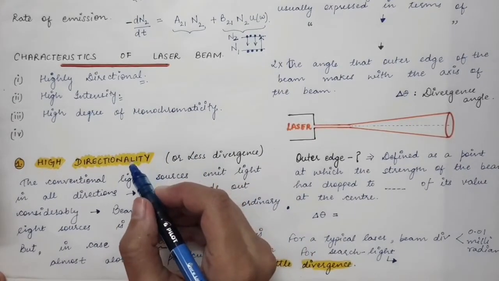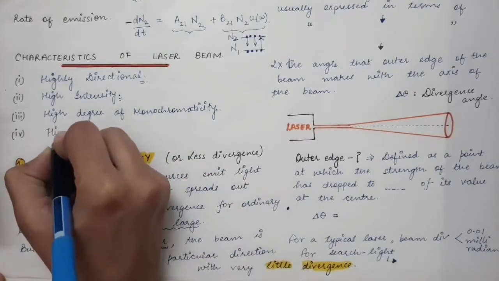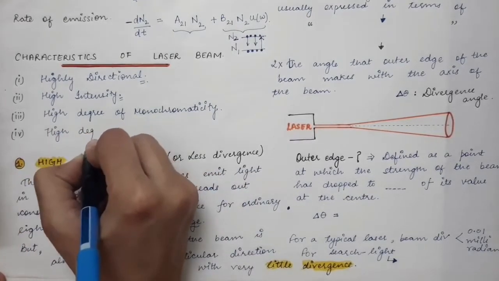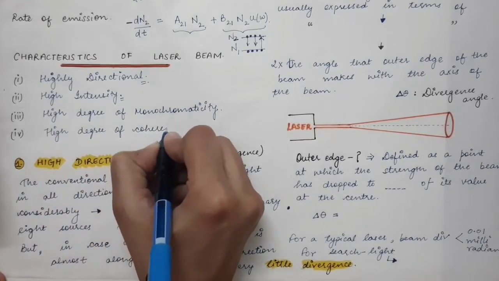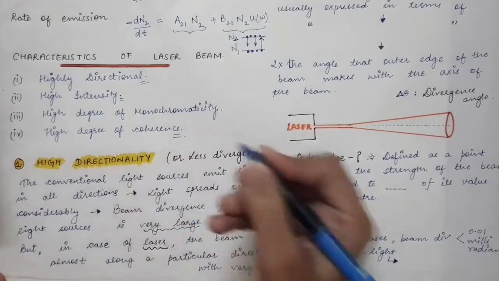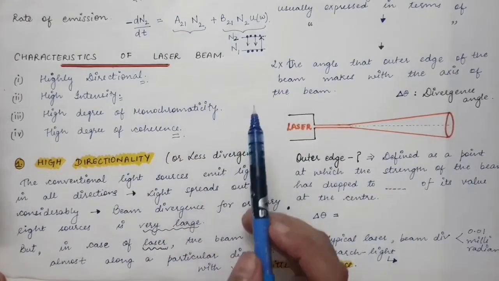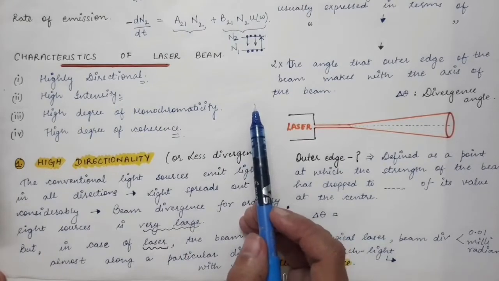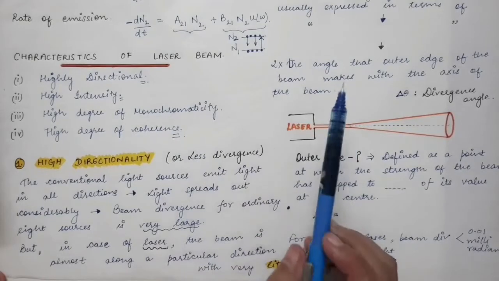And the last property of the laser is that it has high degree of coherence. None of these properties are satisfied by the ordinary source of light. Only the laser light satisfies all these properties.